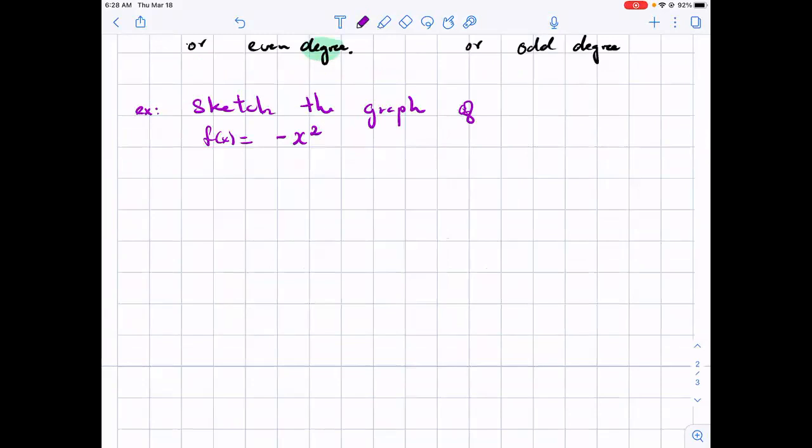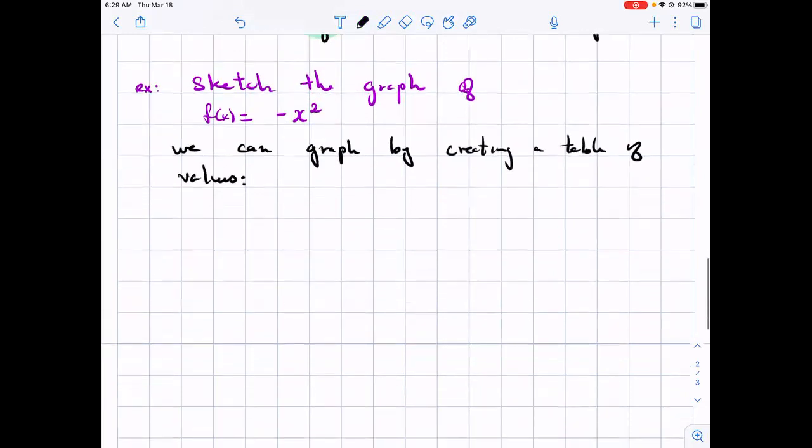So if we're asked to sketch the graph of minus x squared, one of the things we can do is create a table of values. Now you have to be careful because whilst creating a table of values, remember these graphs are not linear.